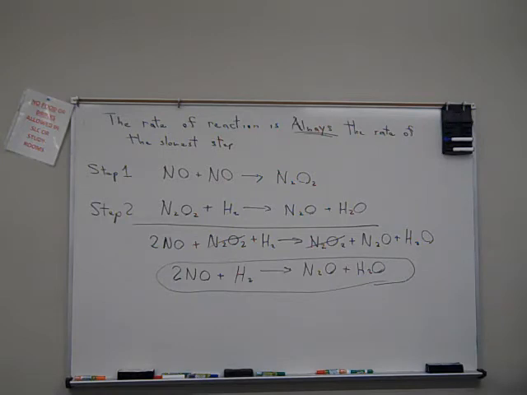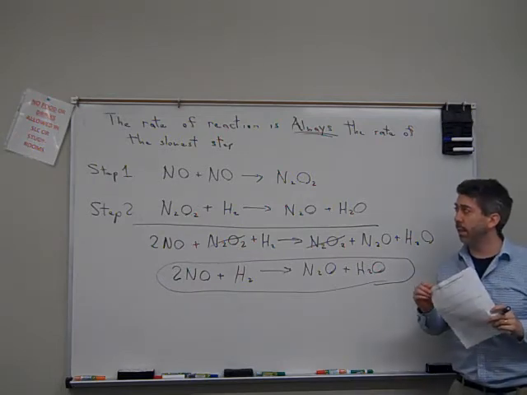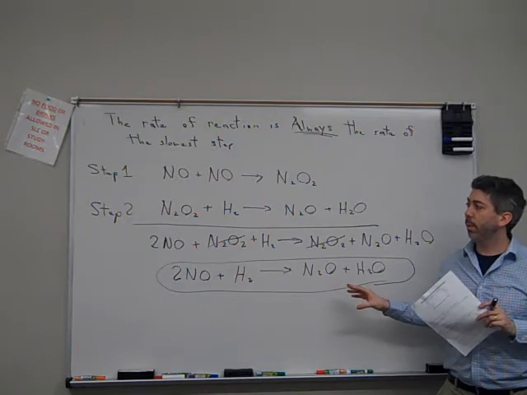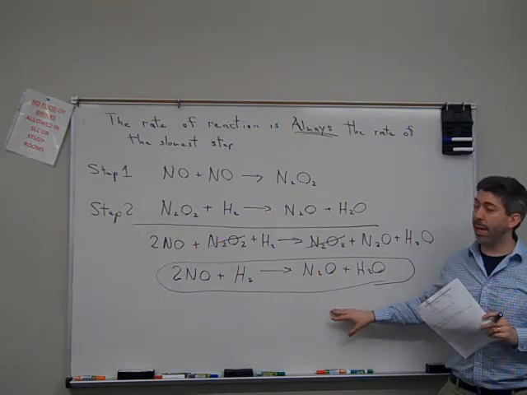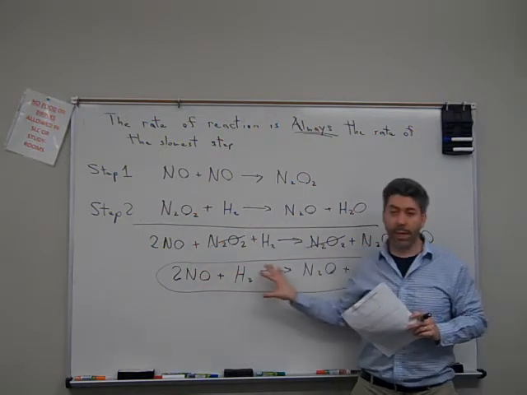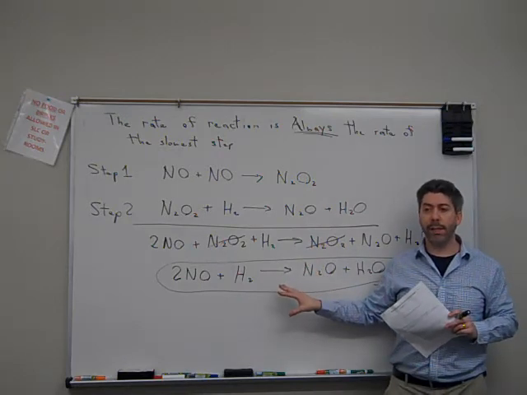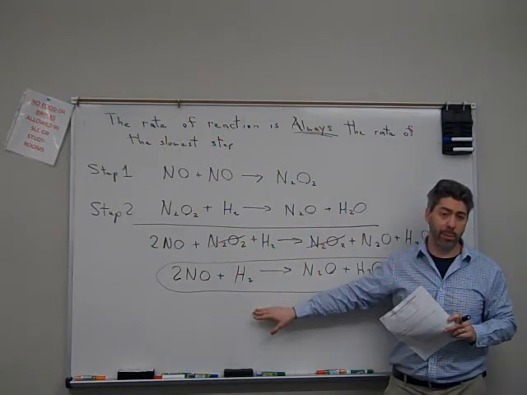Now here's the thing. The rate law for a reaction is determined by the rate of the slowest step. Going back to what I mentioned last session, when you're trying to figure out the rate law for a reaction, you can't go by the overall reaction, because it may or may not be an elementary reaction.